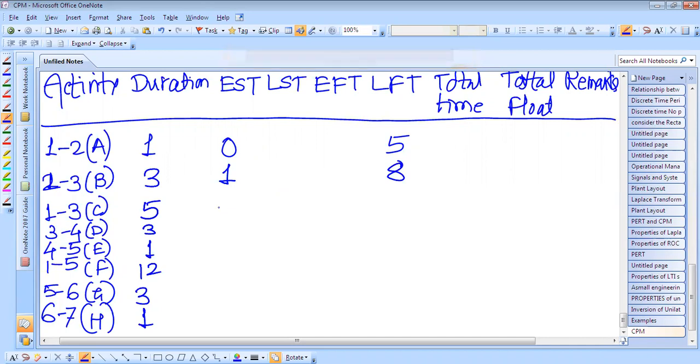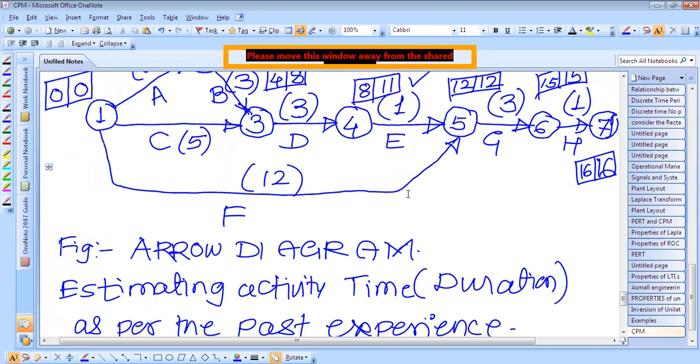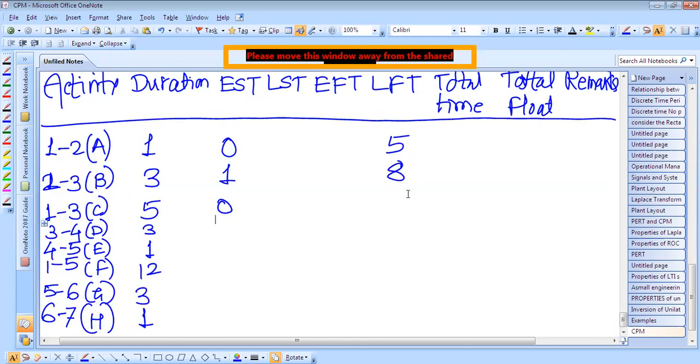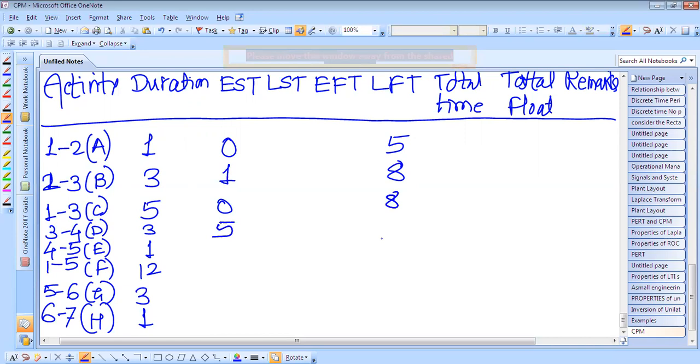For 1, 3, the earliest start time here is 0, and the latest finish time is 8. Again, see 3, 4 activity. For 3, 4, earliest start time is 5, and the latest finish time here is 11. So I am just writing the other timings.